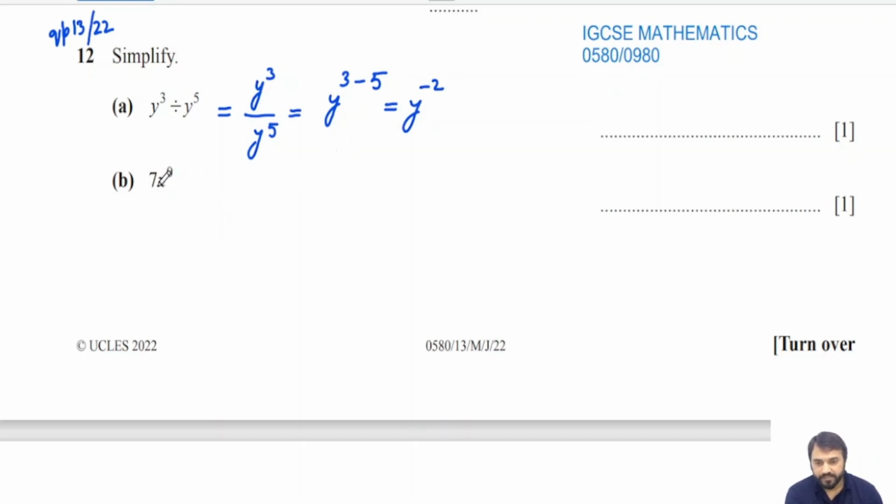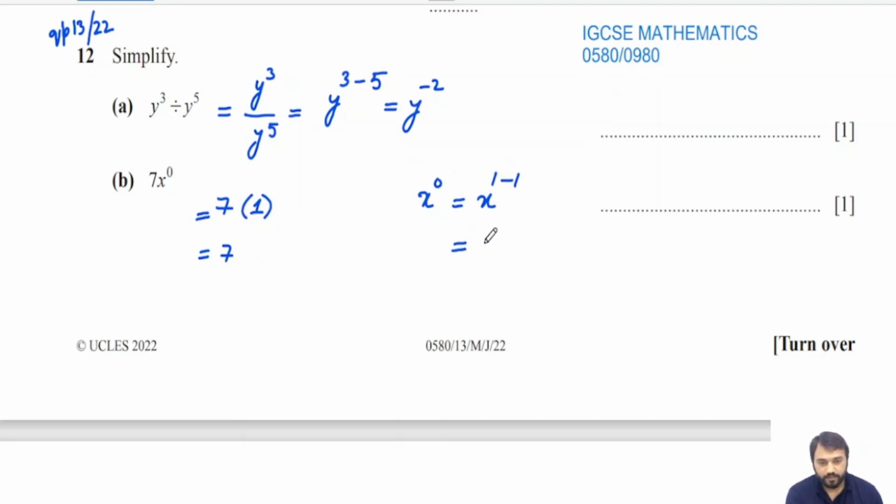Part B is 7 into x raised to power 0. We should write 7 as it is, and anything that has a power 0 can be written as 1. And how come? I will tell you. Let's say we have x raised to power 0 is equal to x raised to power 1 minus 1. I can write it because 1 minus 1 is equal to 0.